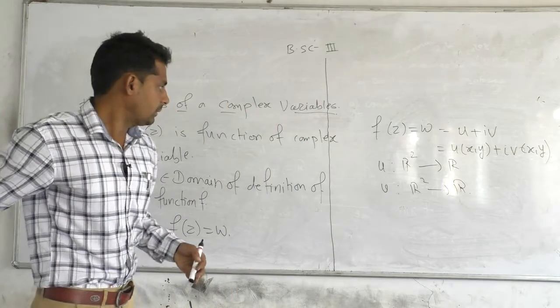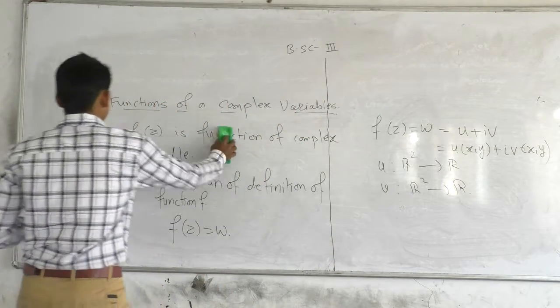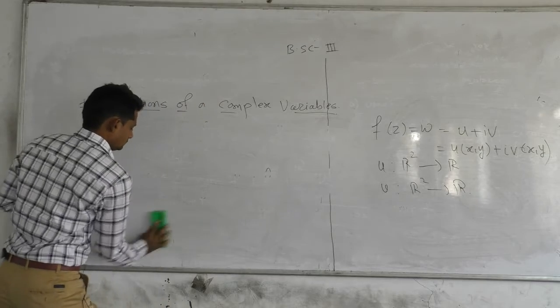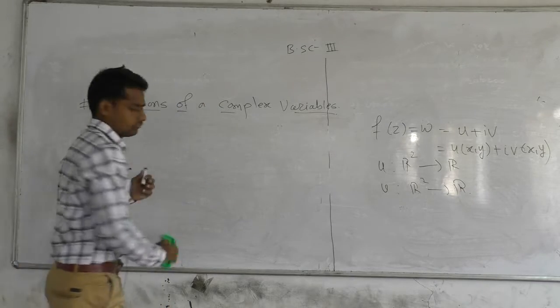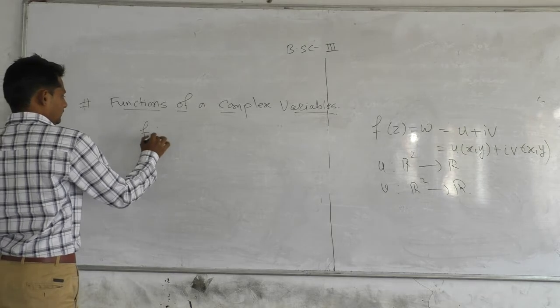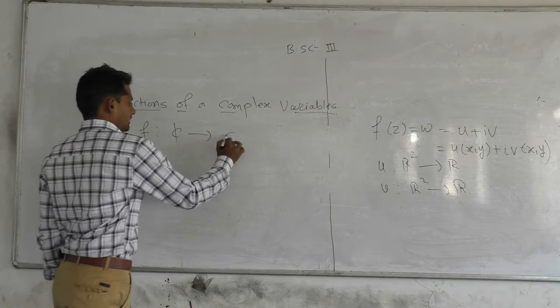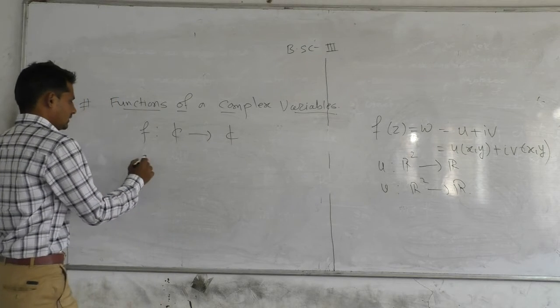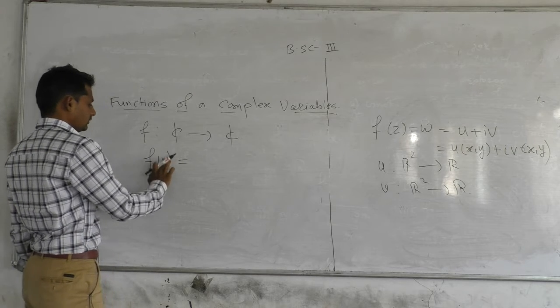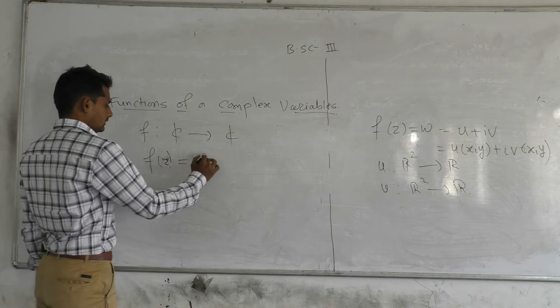For example, f is a function from the set of complex numbers to the set of complex numbers, defined as f of z = z squared.